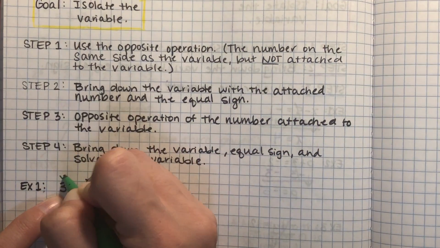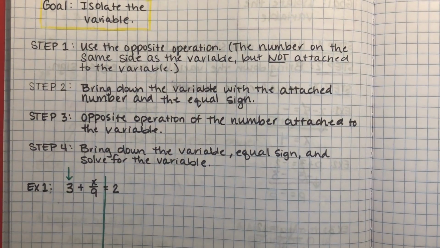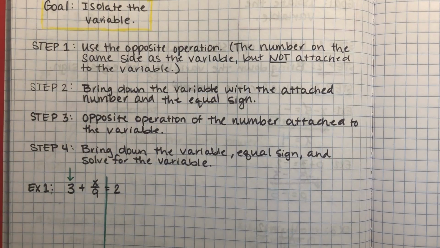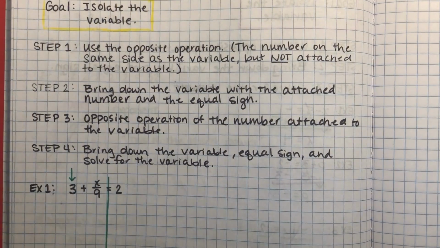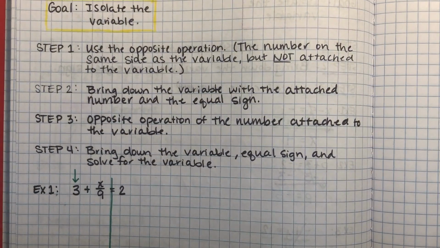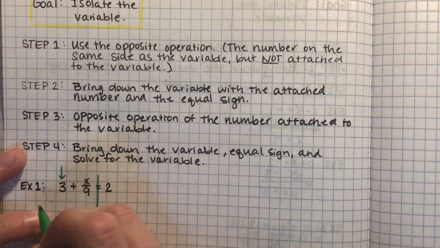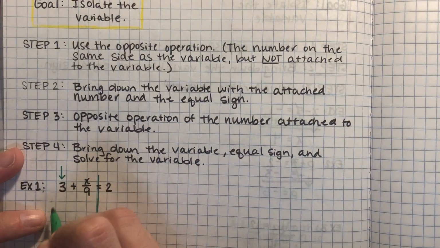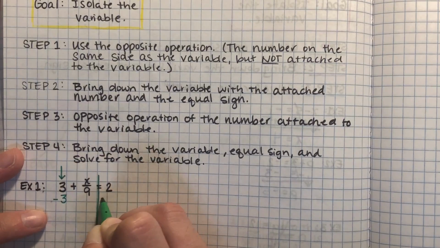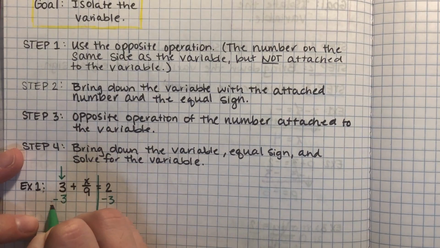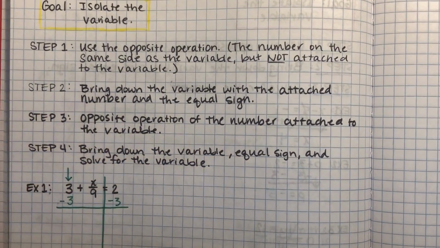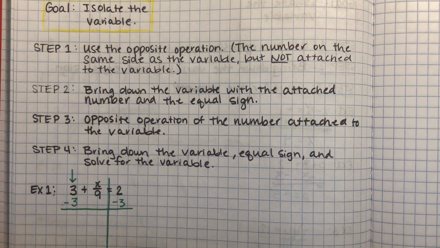That means we're going to start with our 3. It's very important to know which number you're starting with. It's always going to be the one that's by itself, but on the same side as the variable. So the opposite of a positive is a negative, so we're going to subtract 3 from both sides. This should look very similar to our one-step equation so far.